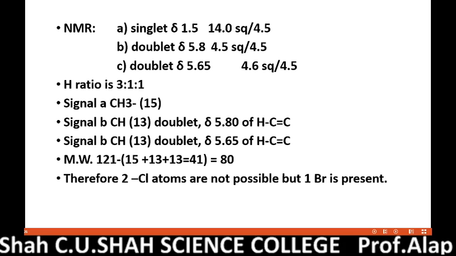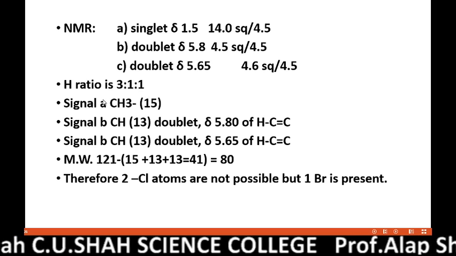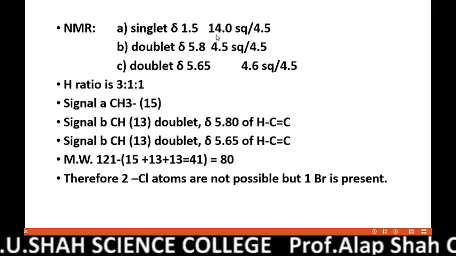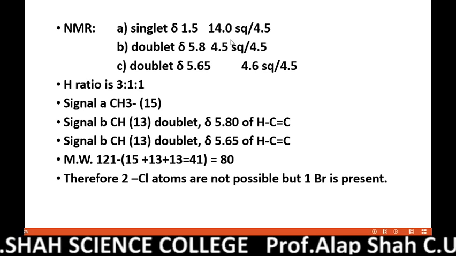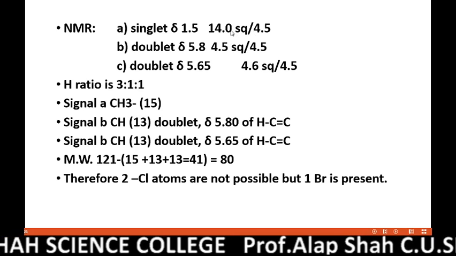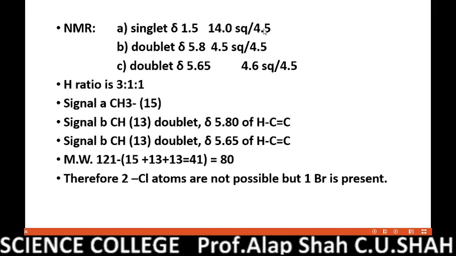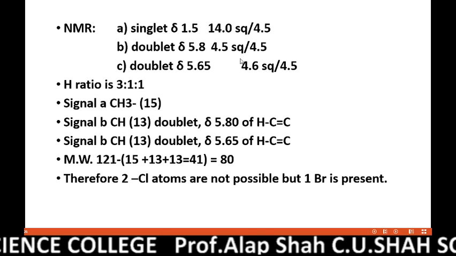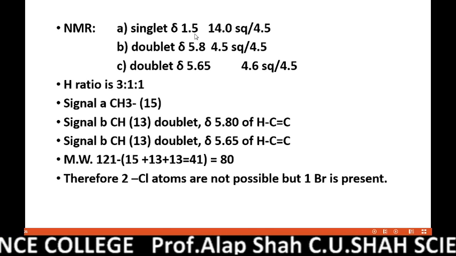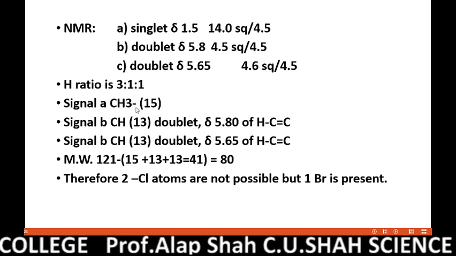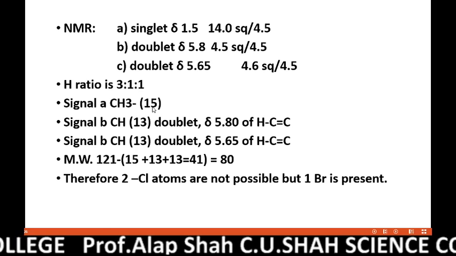Now let us analyze the NMR data. First signal, second signal: singlet, doublet, doublet. Oh, this is not aligned properly. Okay, when all the square ratios are divided by the smallest number, we get 3 is to 1 is to 1. So signal A, 3H singlet, so most probably CH3 with no neighboring proton, its weight is 15.